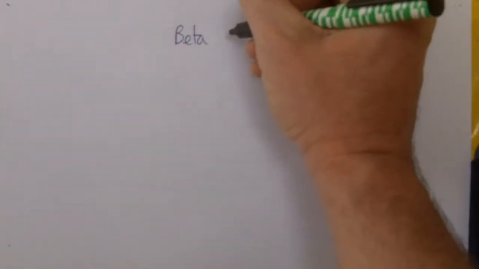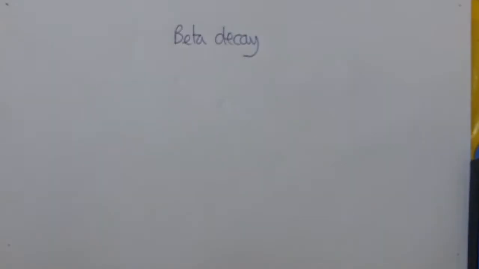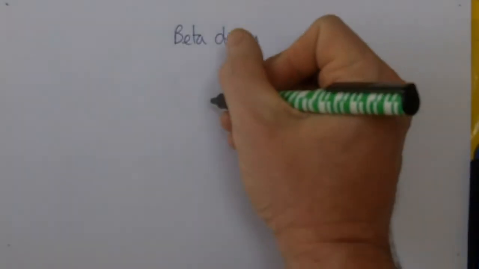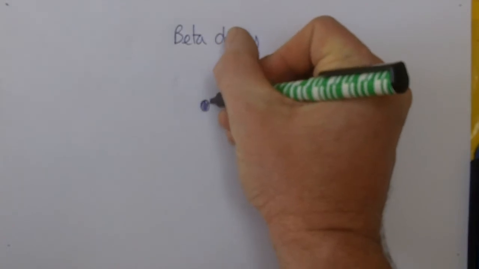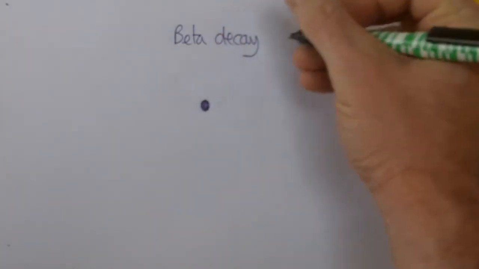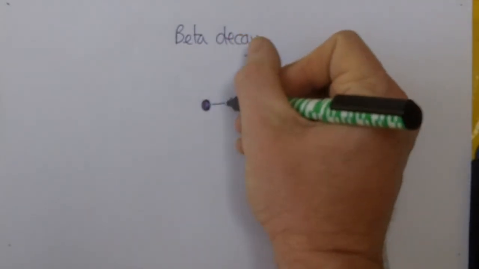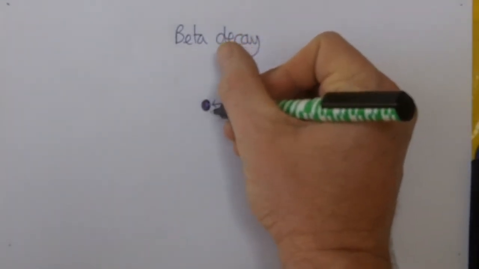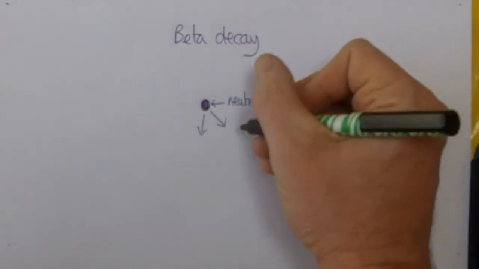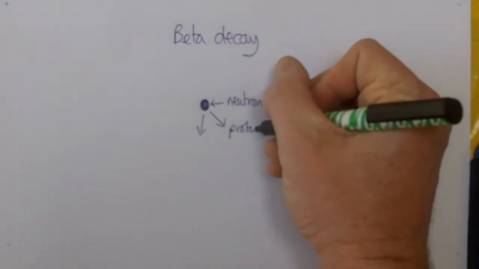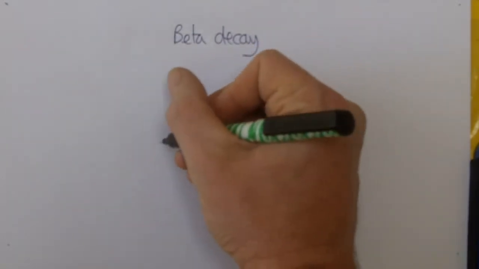So beta decay. In beta decay, one neutron inside the nucleus of an unstable isotope suddenly changes into two other particles. It changes into a proton and an electron.